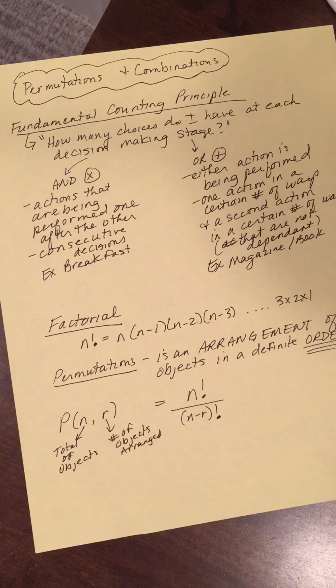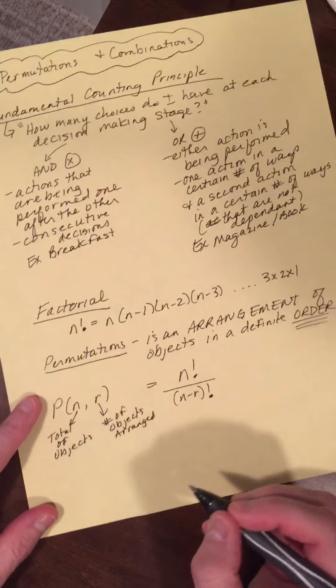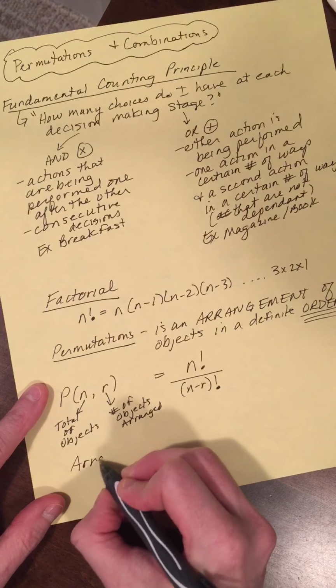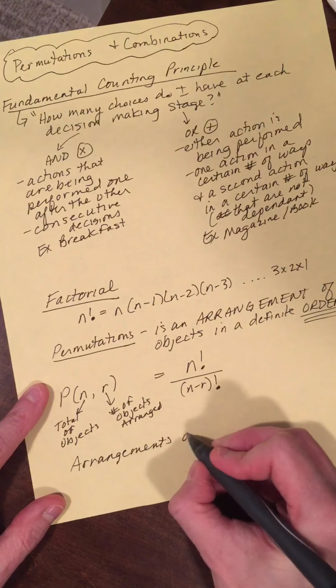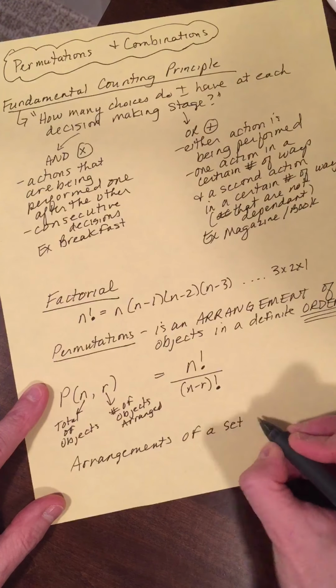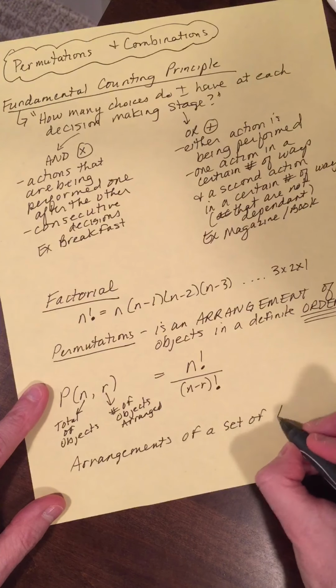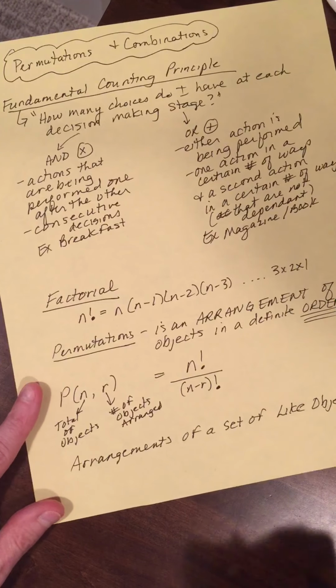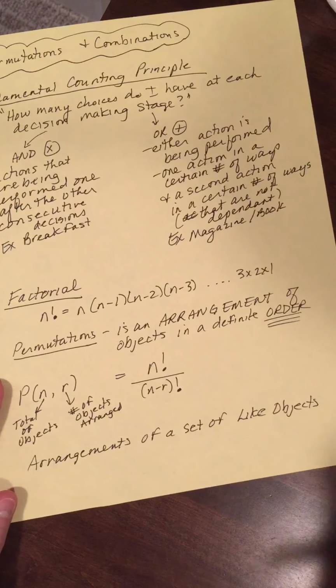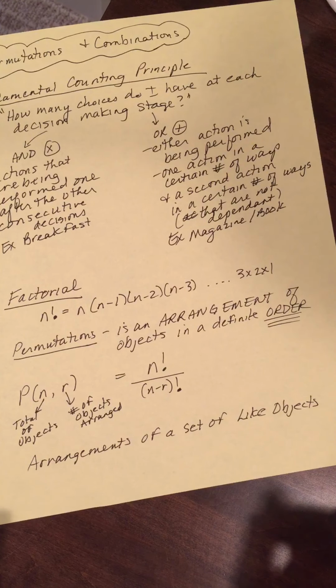Okay, before we go on, let's talk about, oh, actually, sorry. What went with this is arrangements of a set of like objects. So you know the classic example of Mississippi. That's what I'm talking about. The teddy bears, lining up the teddy bears that are identical on the shelf.